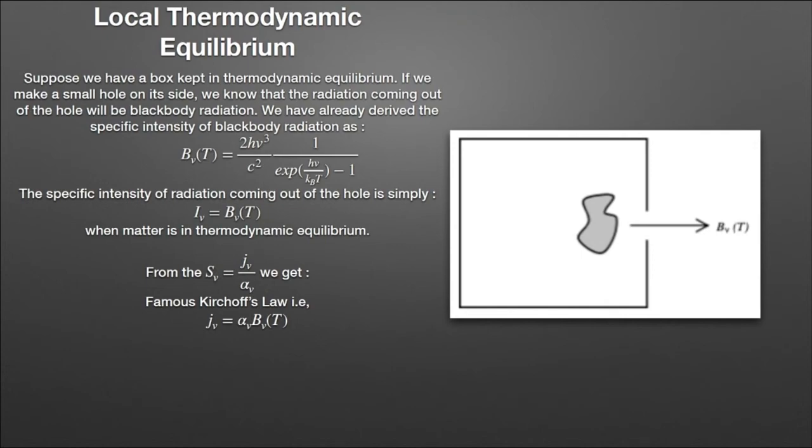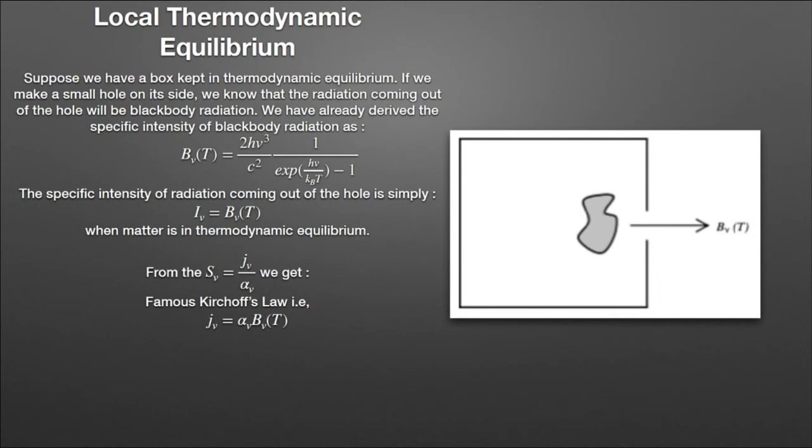In other words, if the mean free path of photons, 1/alpha_ν, is small compared to the length over which the temperature varies, then all important laws of thermodynamic equilibrium will hold good. Such a situation we call local thermodynamic equilibrium, or LTE.